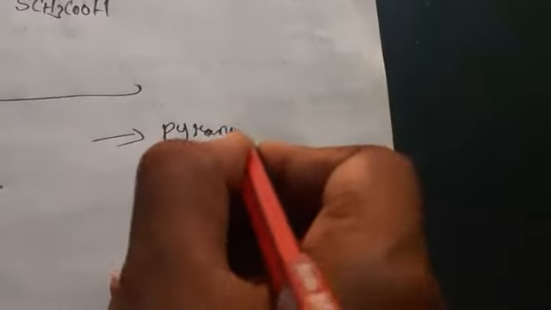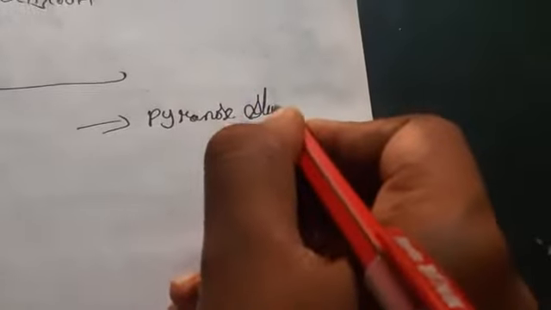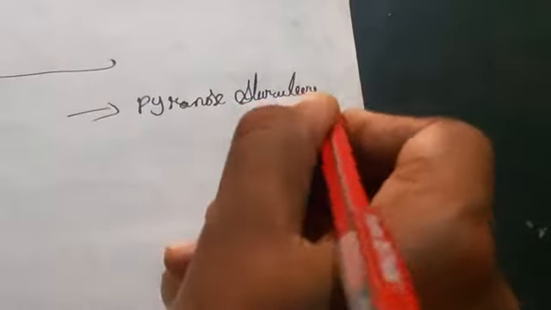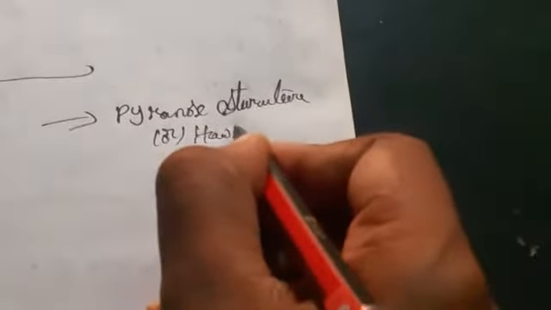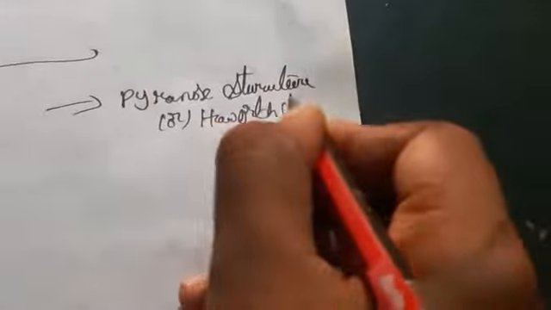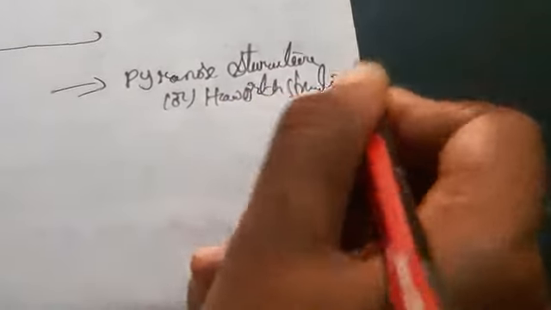Next we are going to see the pyranose structures of glucose. The next point here is the pyranose structure, the pyranose structure of glucose, or we can say Haworth structures.